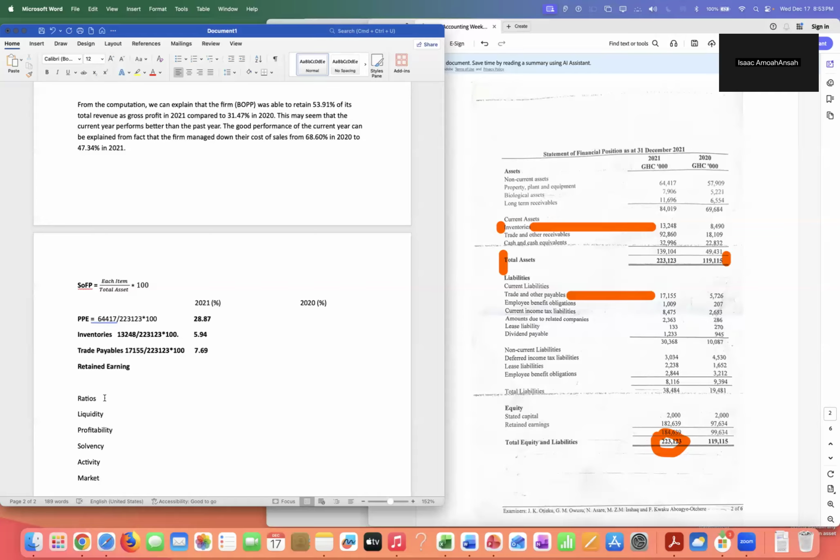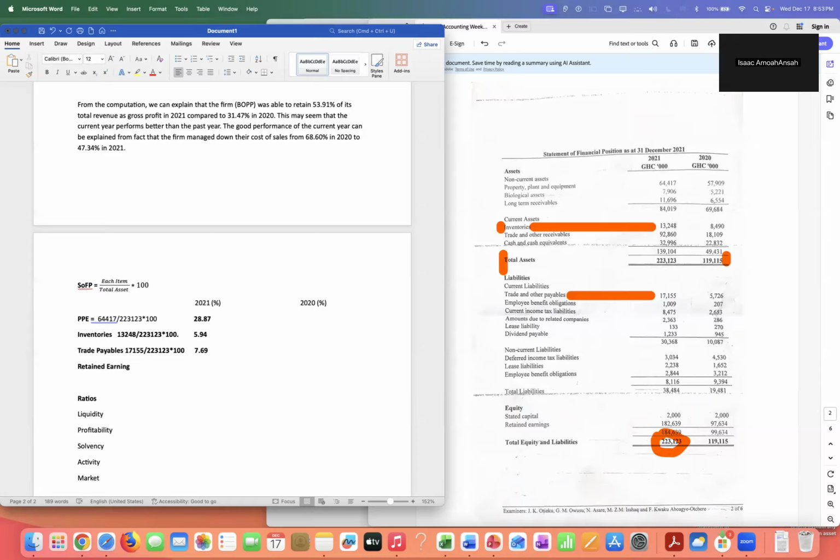These items that I've written, some of them have AKAs. Liquidity doesn't have, profitability doesn't have. The other 3, they all have AKAs. For solvency, another name would be leverage ratios. Another name for leverage and solvency ratio would be gearing ratios, G and ING.